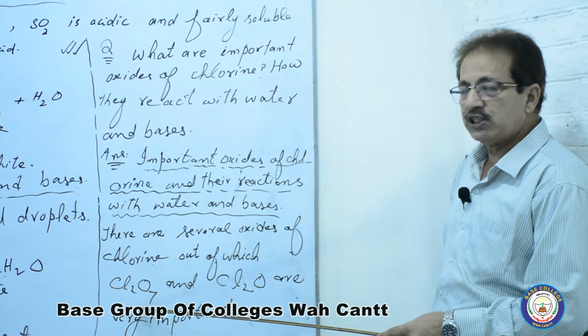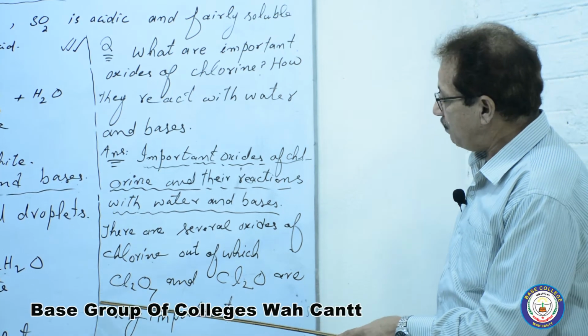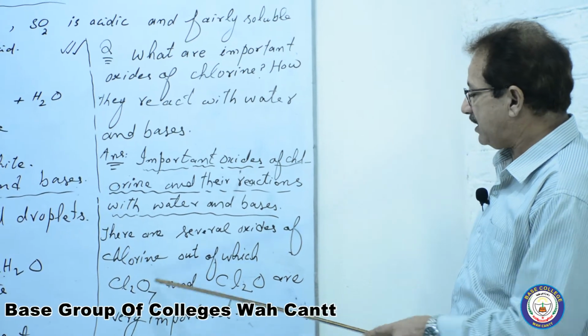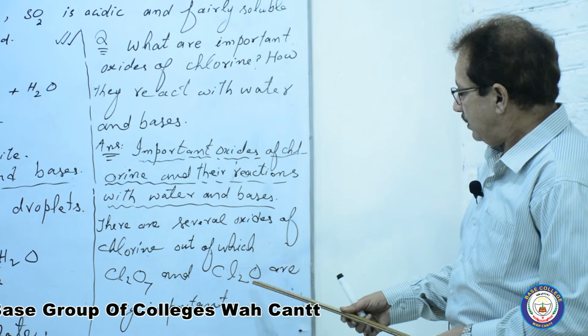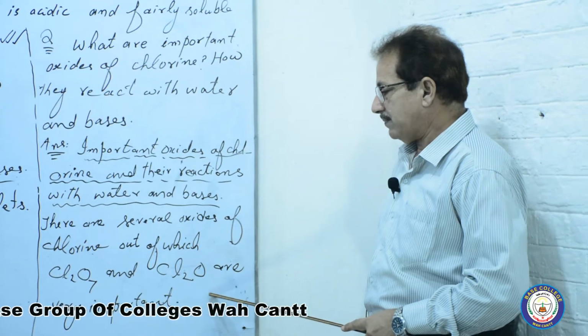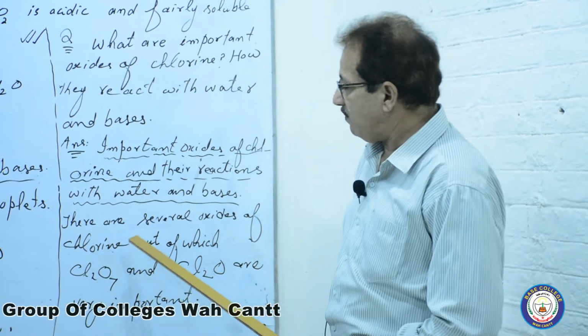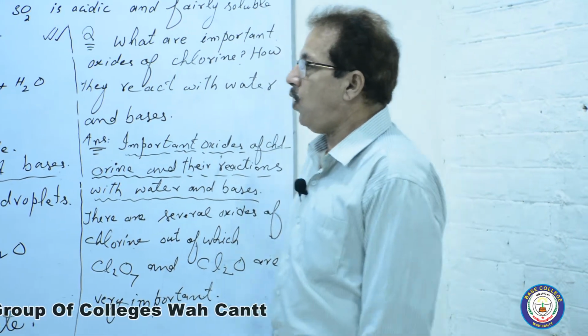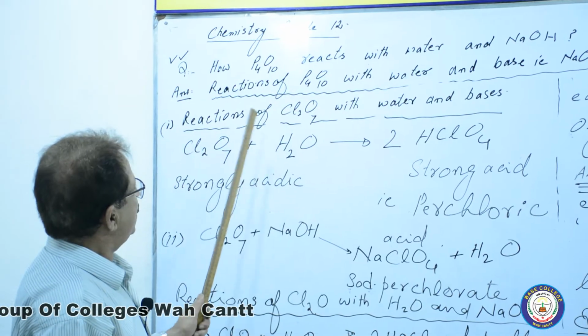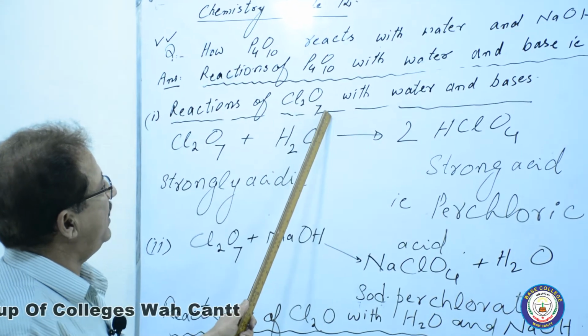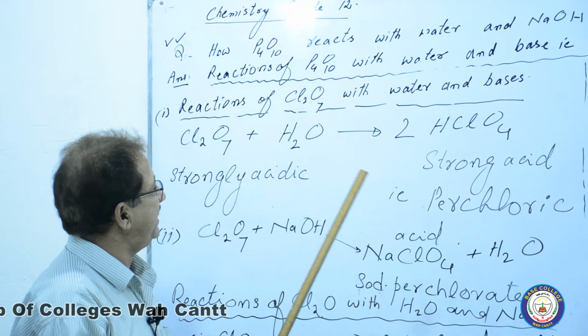Therefore Cl2O7 is the compound having the highest oxidation state, and Cl2O the low oxidation state. These are much important, that's why we have to discuss these two oxides. Now the reactions of Cl2O7 with water and bases.